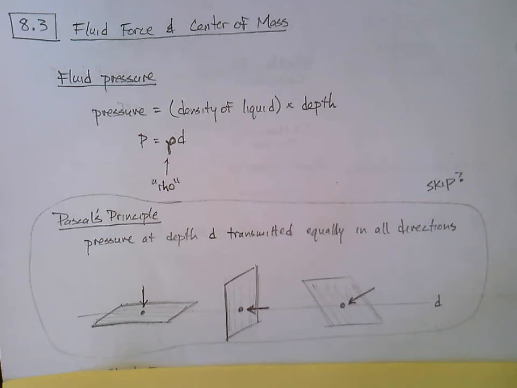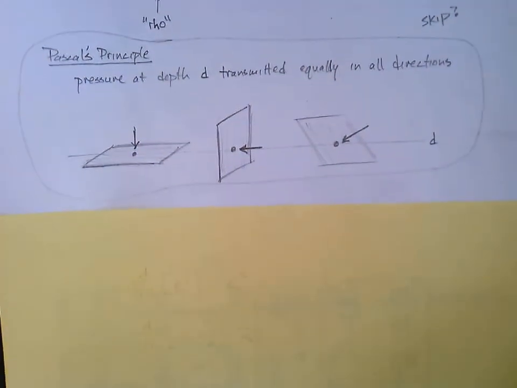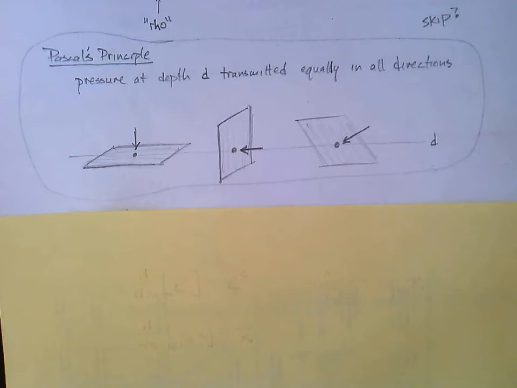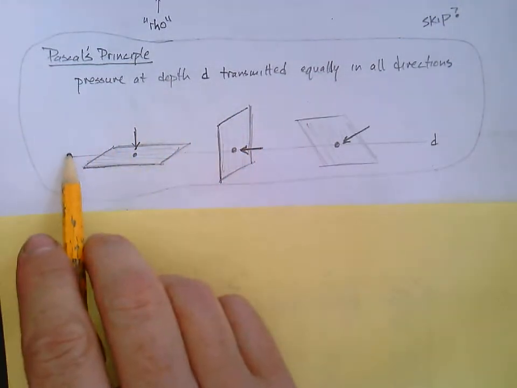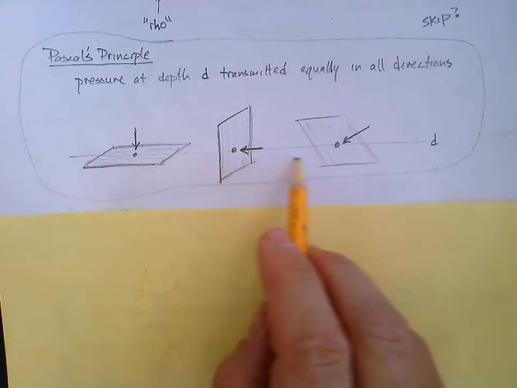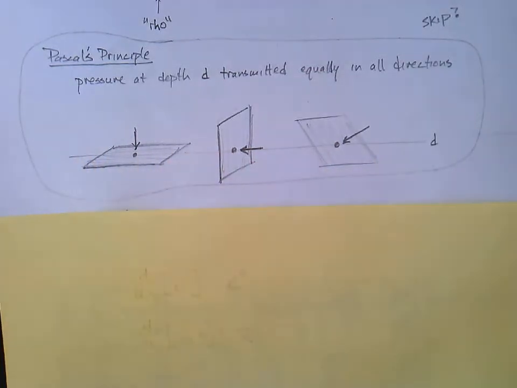Pascal's principle says that the pressure at depth D is transmitted equally in all directions. It's an interesting idea, even if we don't necessarily need it for the math we're going to do. Imagine this line here represents some given depth underneath the surface of your fluid.